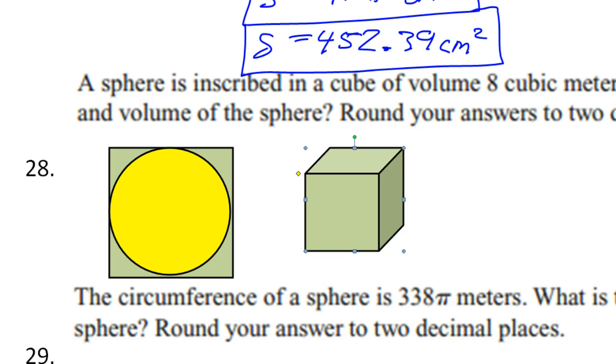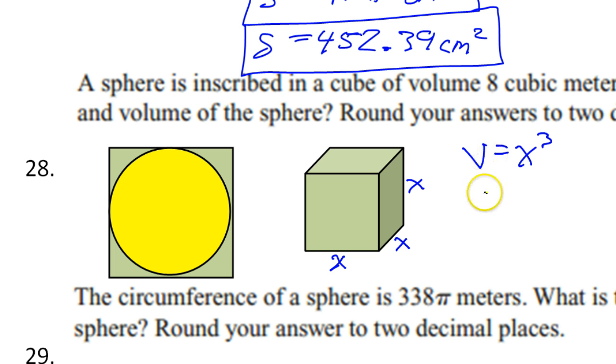All right. So look, if the volume of the cube is 8, if it's a cube, all of these sides are the same, right? So how do I calculate the volume of a cube? Length times width times height. So the volume of a cube will just be x to the 3rd power, all right?